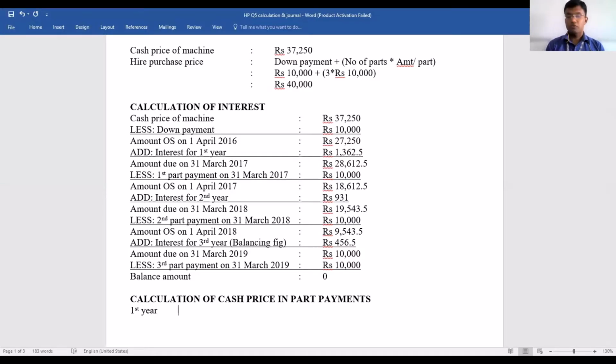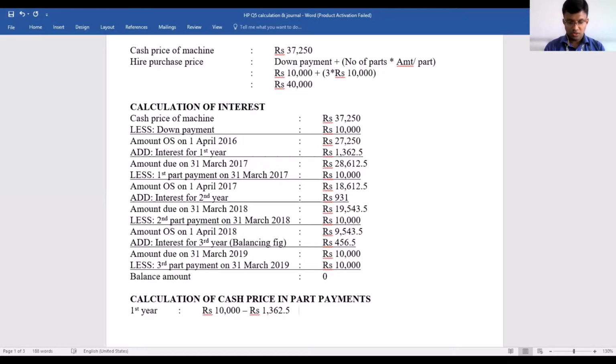So let's check out for first year. So first year, we know that your part payment is rupees 10,000. Okay? We know that your first part payment is rupees 10,000. And we also know the interest for first year.